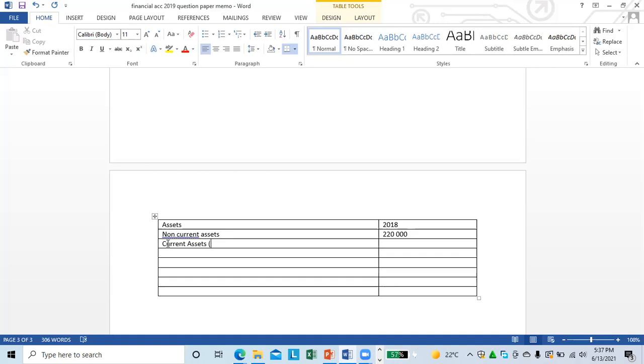So I'm saying that we know current assets are made up of different accounts. We have debtors, we have cash, we have bank, we have inventory, and so on. That's what makes up the current asset amount.